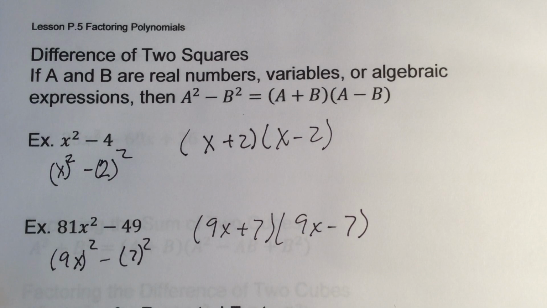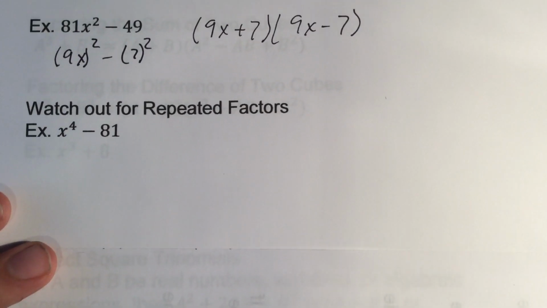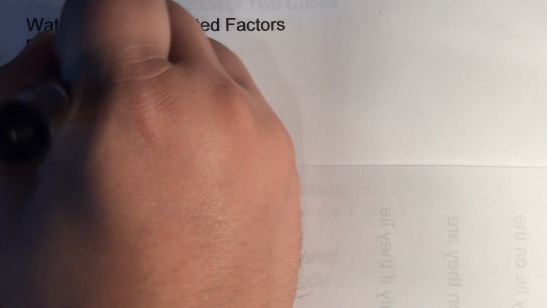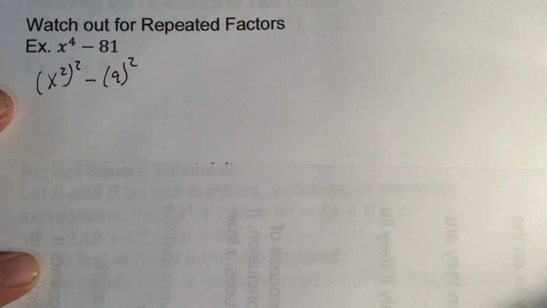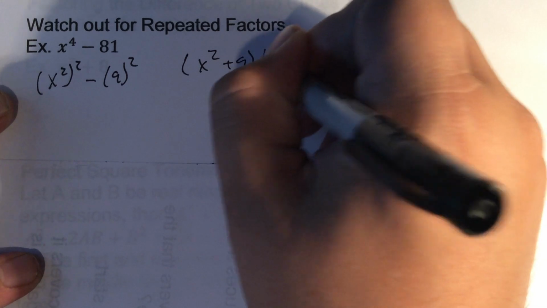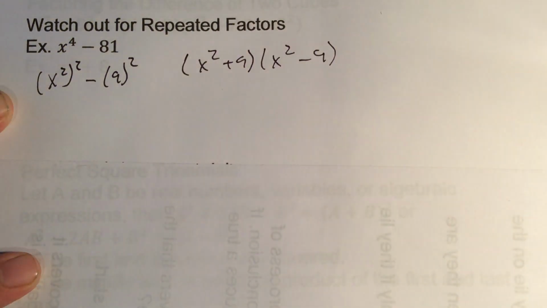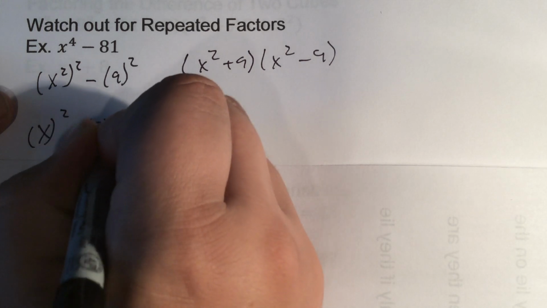Now, when you're doing these, watch out for repeated factors. So that's where you always want to check, hey, are these broken down enough, or can I break them down further? So here, really what's being squared is x squared and 9. So that would give me x squared plus 9 and x squared minus 9. Well, x squared minus 9 is really x squared minus 3 squared.